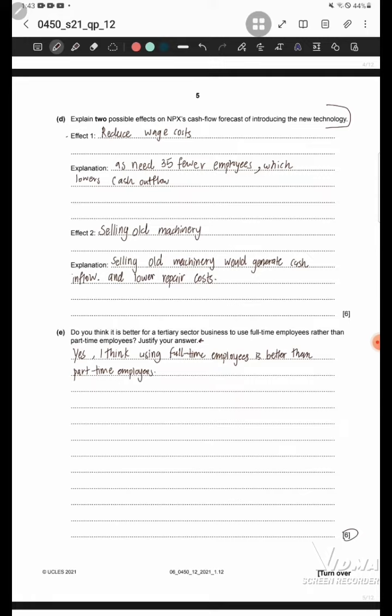First of all, we can say that full-time employees are usually better trained than part-time.